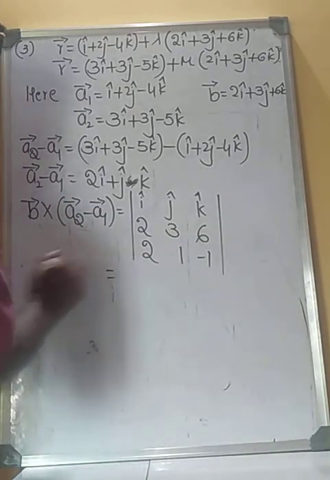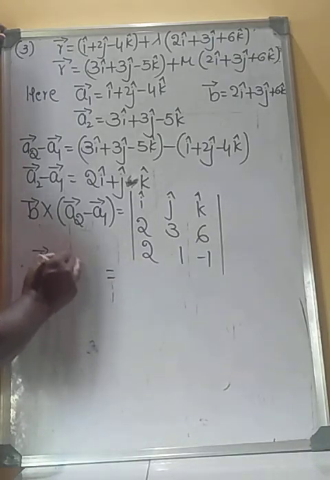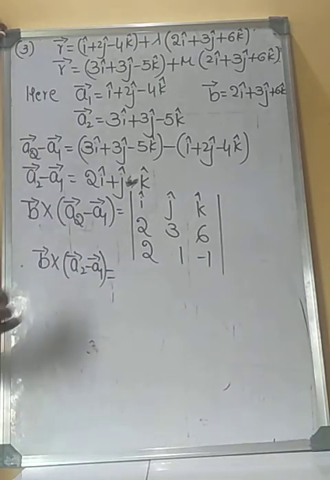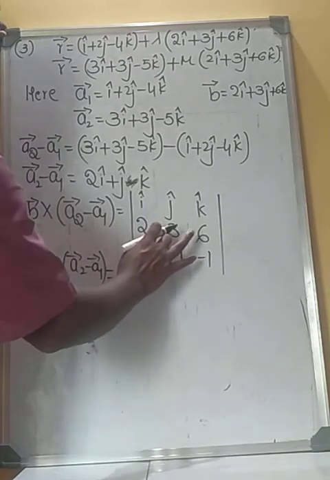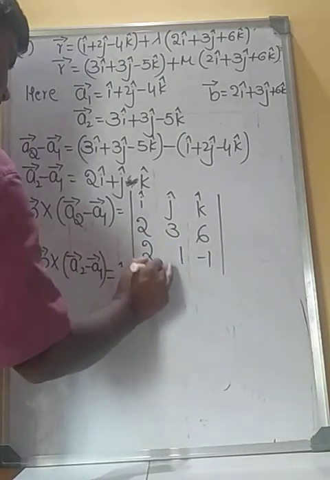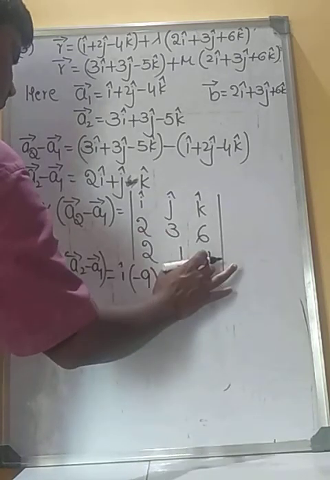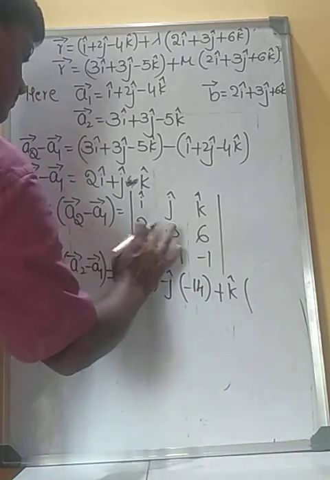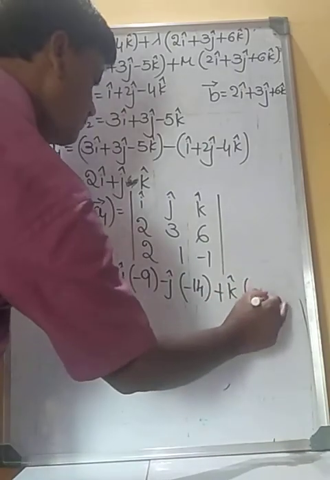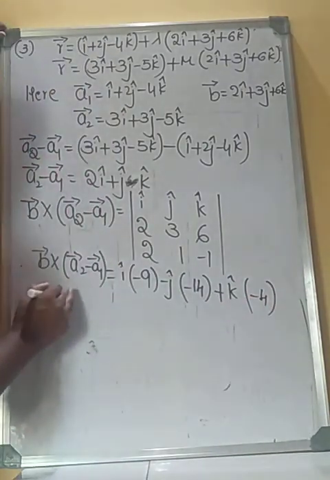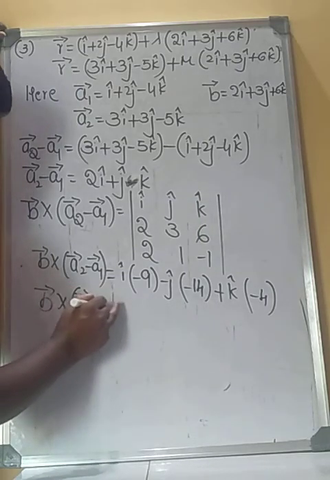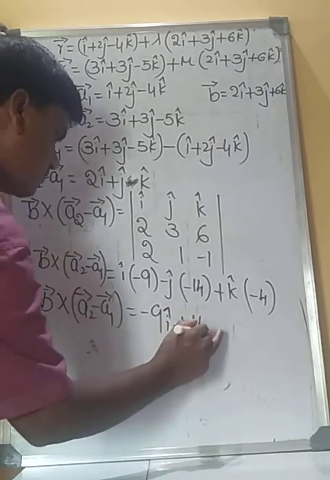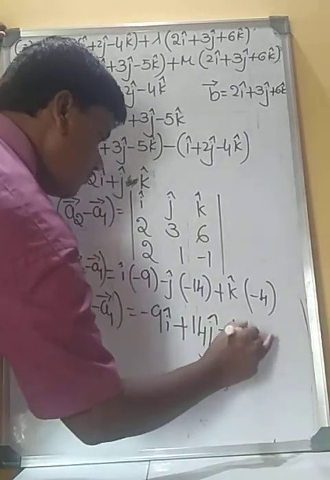So b cross (a2 minus a1) equals i times (minus 3 minus 6), which is minus 9, minus j times (minus 2 minus 12), which is 14, plus k times (2 minus 6), which is minus 4. Therefore b cross (a2 minus a1) is equal to minus 9i plus 14j minus 4k.